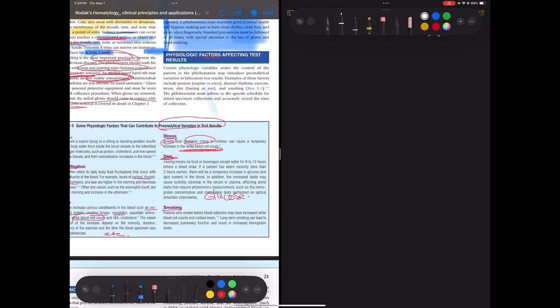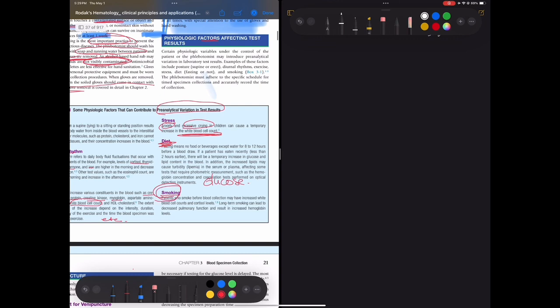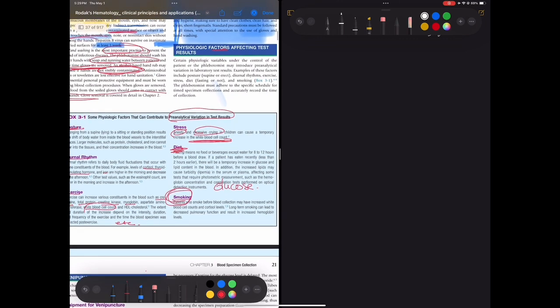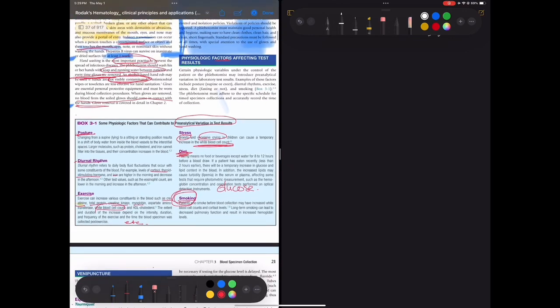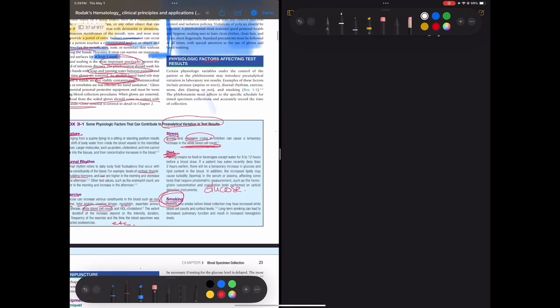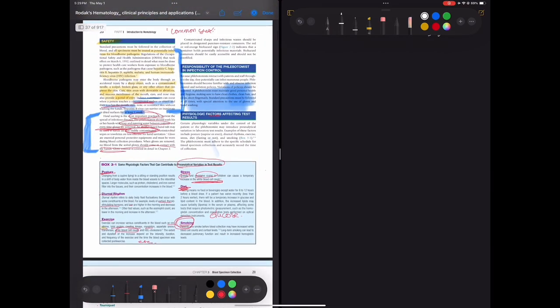Diet, this is usually for glucose tests like fasting blood glucose, random. This is very much important. And smoking. Okay, so those are just examples of pre-analytical variations in test results.